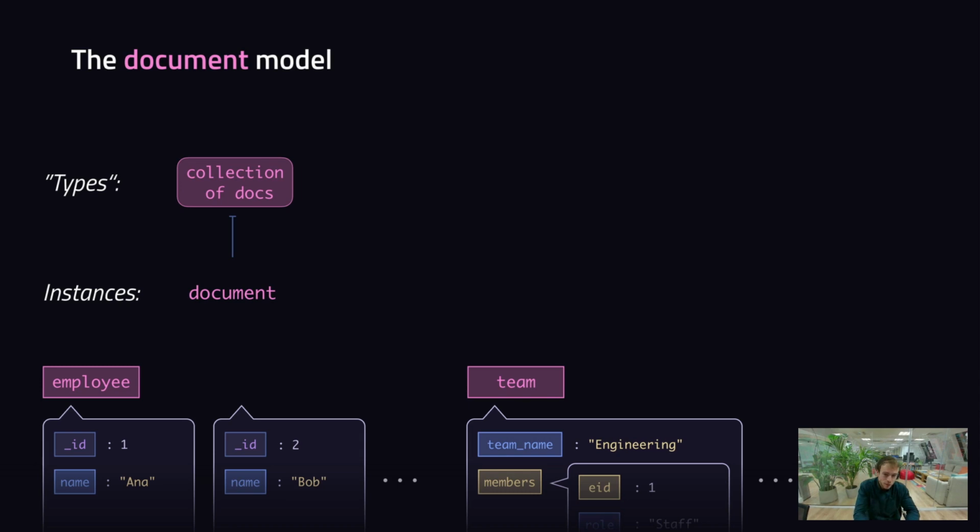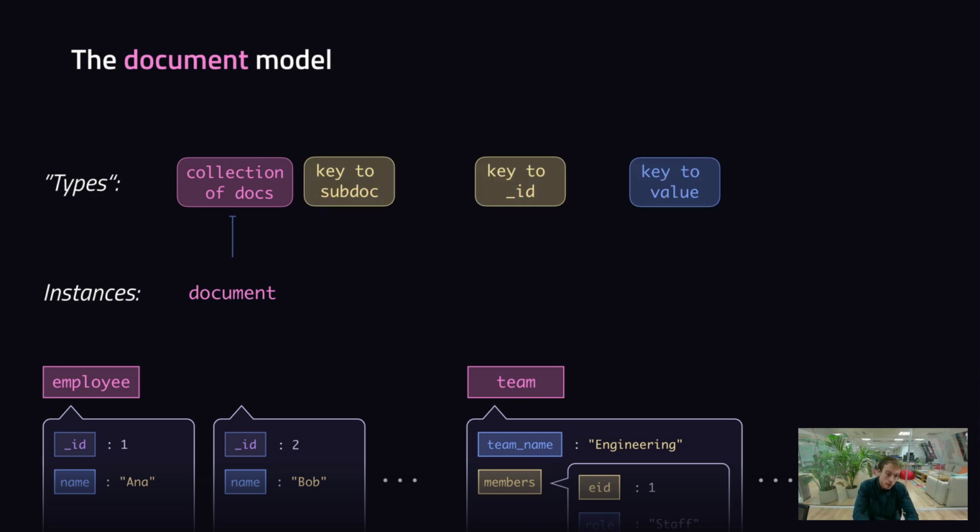But then the second kind of type is keys. And keys are interesting because we really need to make a distinction of what the key holds. So for instance, the key could hold a subdocument, in which case the instance of that concept would be an entire document. The key could also hold an object ID pointing to a document in a collection.